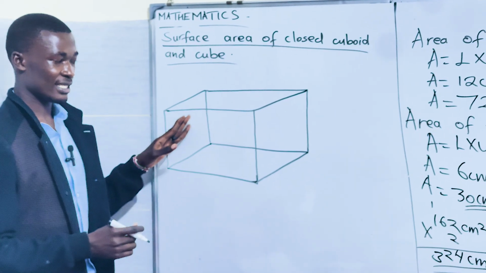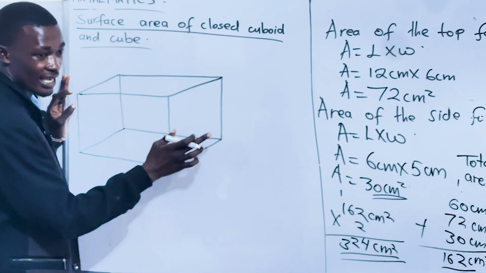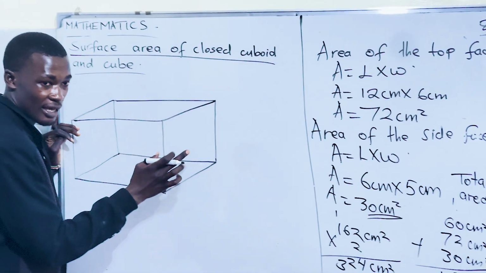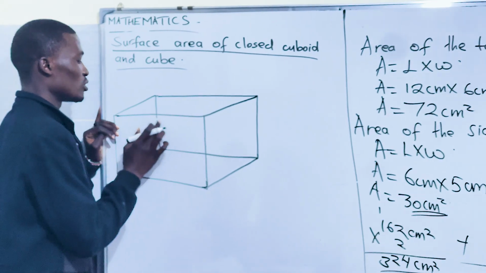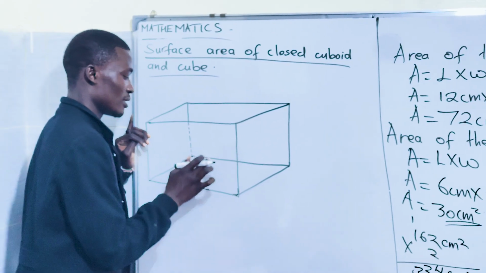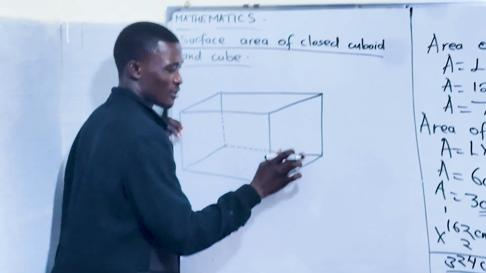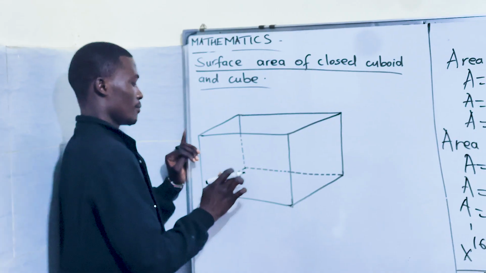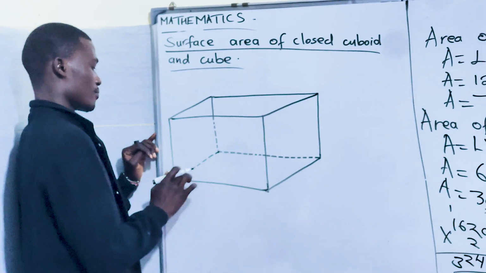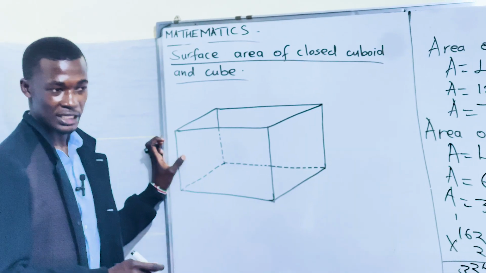And since it is a 3D object, meaning that these other sides, we cannot see them, we can use dotted lines for the parts we cannot see. So that is how we are going to have it.